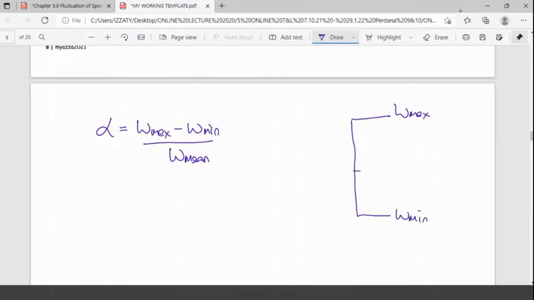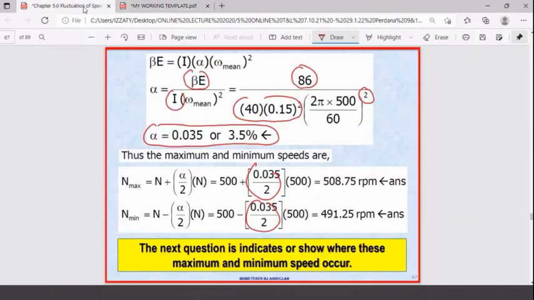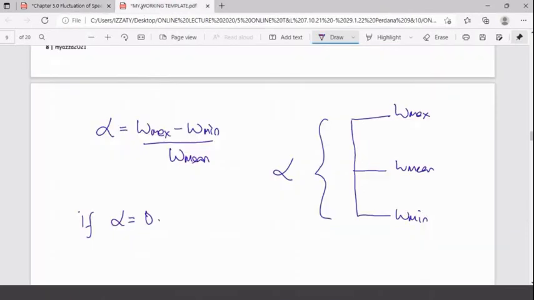So alpha is basically from the maximum to the minimum divided by this one. Alpha, what just now? It is 0.035.